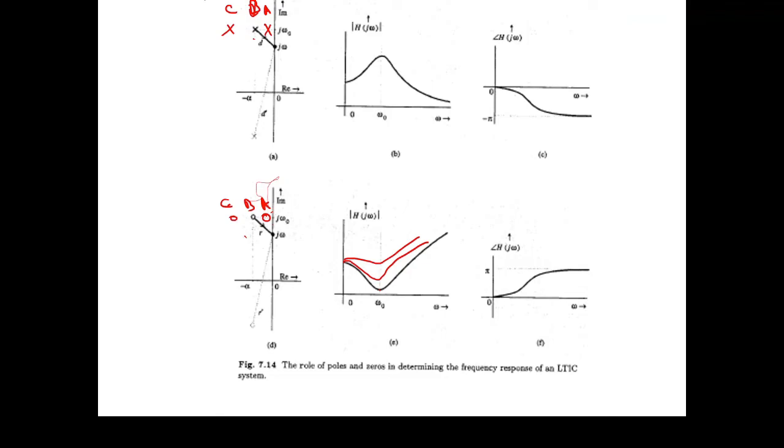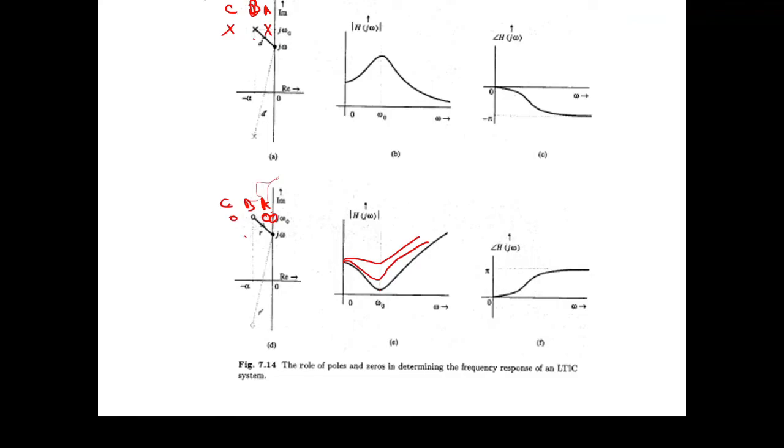Now again, if you place the zero over the frequency axis, it will bring down the amplitude value at that point to 0, and we can analyze the system. It is not becoming infinity.